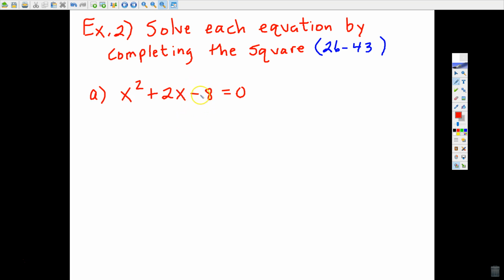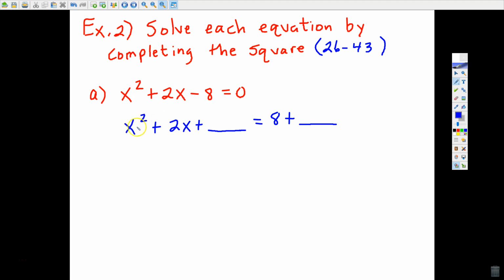The first thing I'm going to do is move this number to the right side of the equation so that I can create space. I'm going to create space for a number that will represent a perfect square root number.